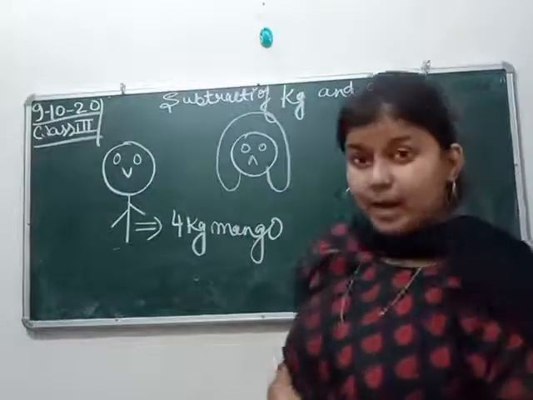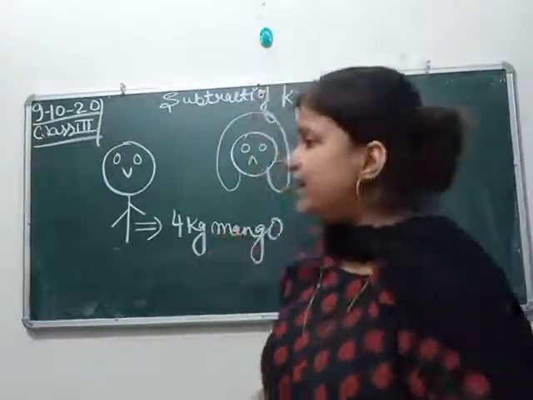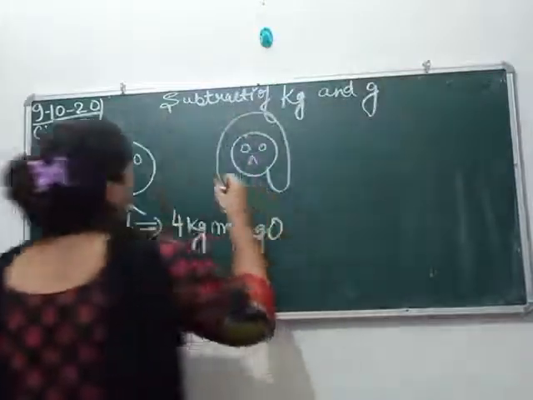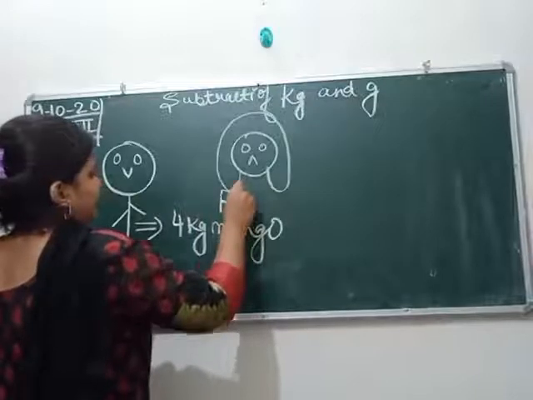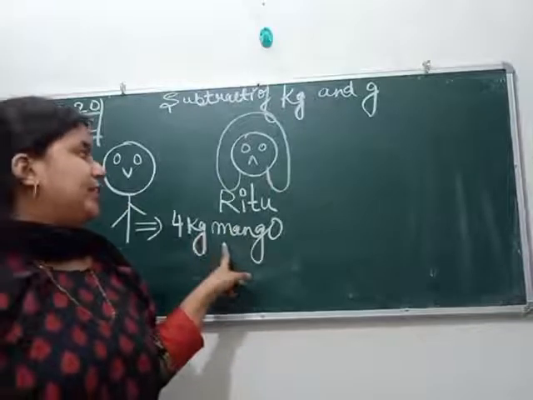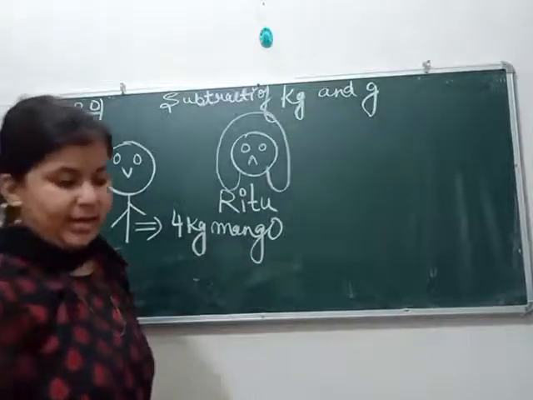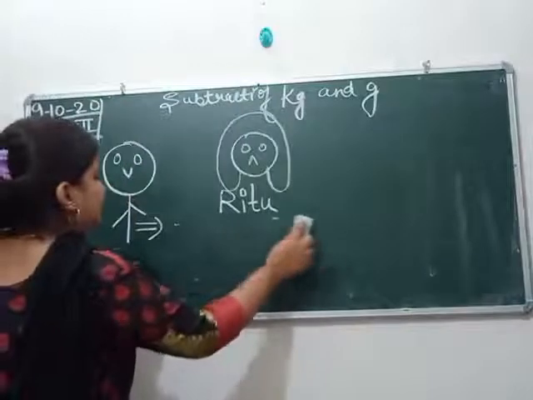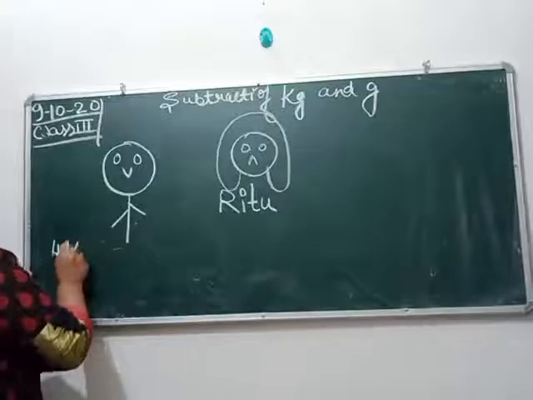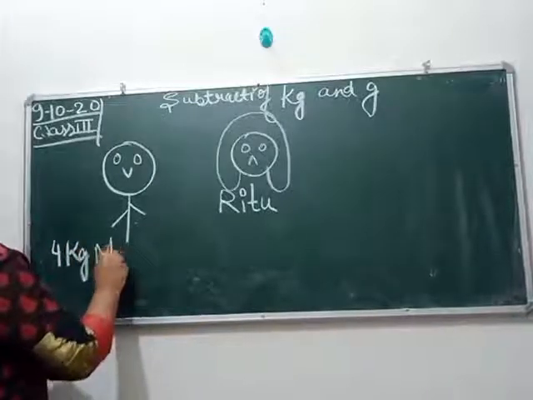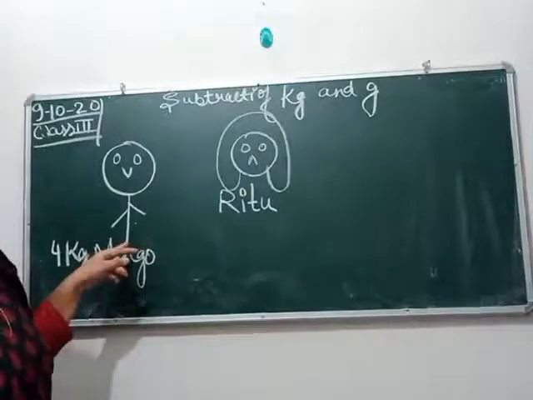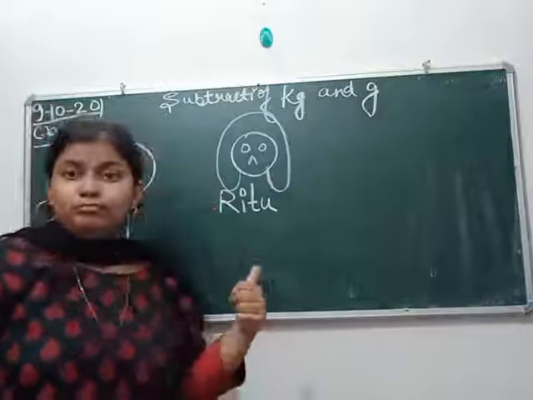So Ram, being very generous, what does he do? He gave some mangoes to her. Her name is Ritu. Ram has 4 kg mango and Ritu has no mango.